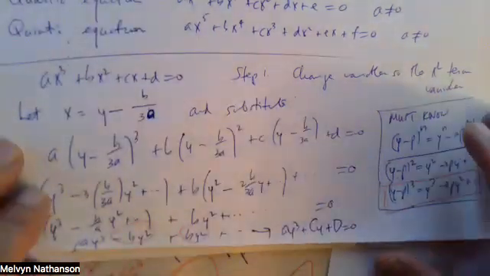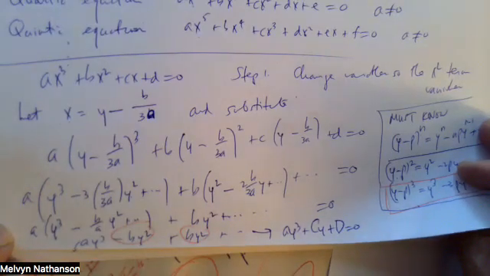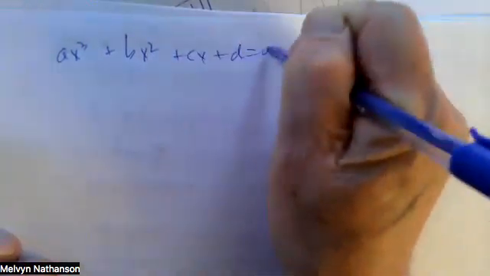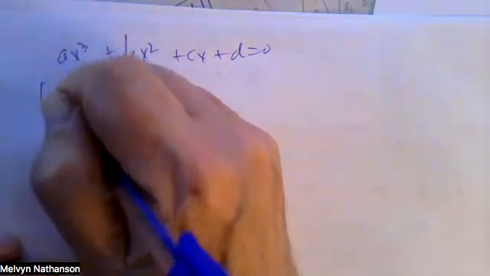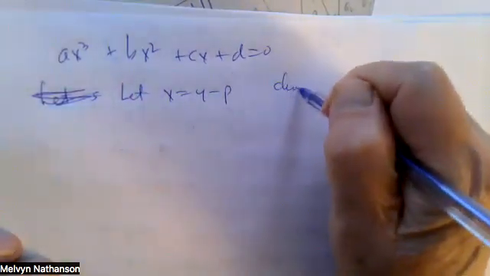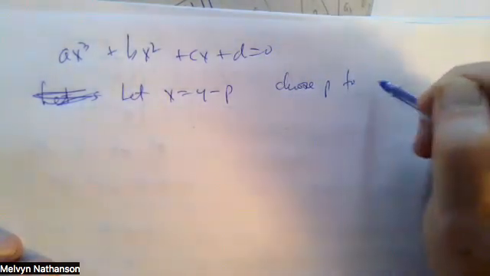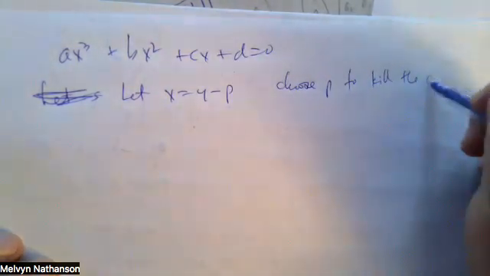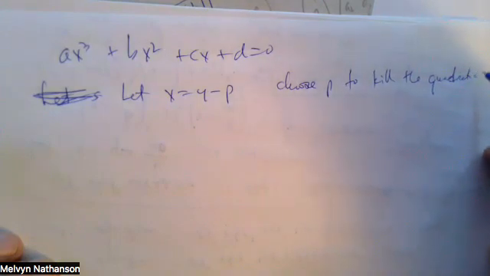Now, another way to get it is as follows. Suppose I had, let me write down this equation again, a x cubed plus b x squared plus c x plus d equals 0. Suppose I want to make a substitution. So suppose I'm going to let x equal y minus p, and I want to choose p to kill the quadratic term. Okay.